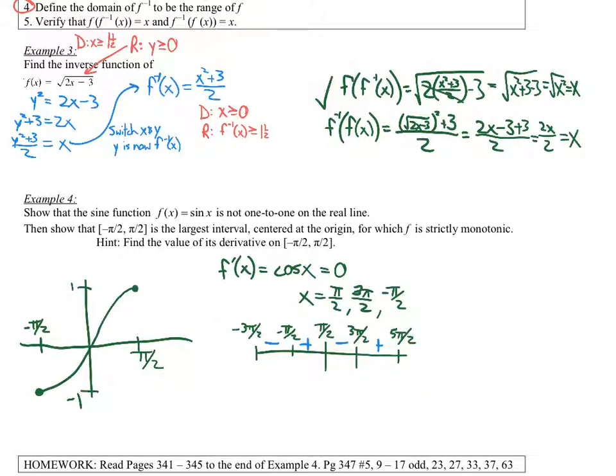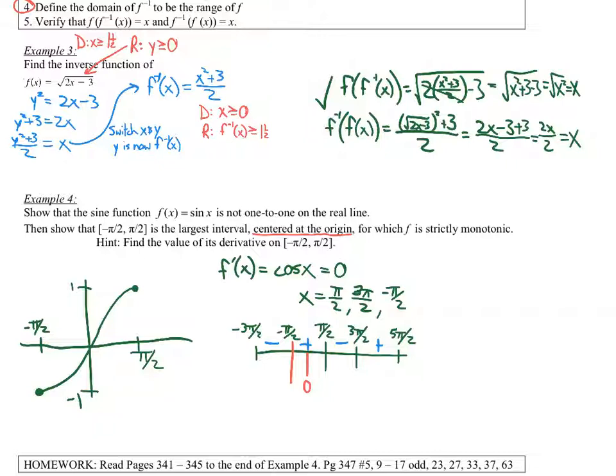So you'll notice here, these intervals are all pi units apart. So I know that that's the longest distance where it will be monotonic. Now, it also says centered at the origin. Well, the only thing centered at the origin, here's 0.